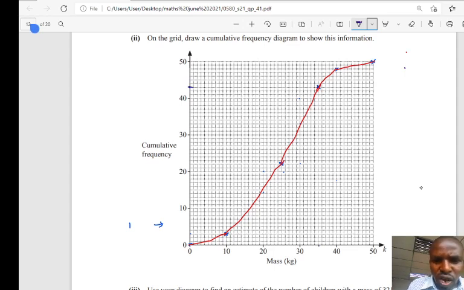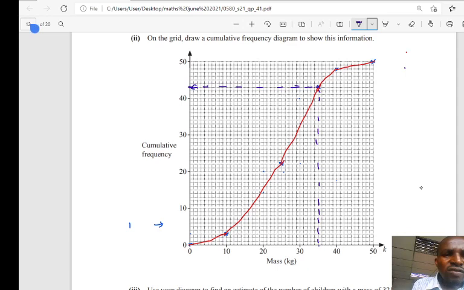So you find your ruler. So the number is here. It's on the vertical axis. That's the number, right?